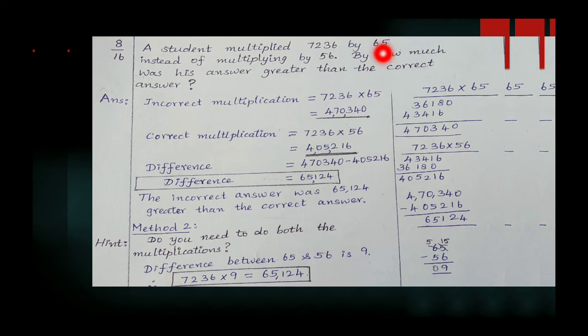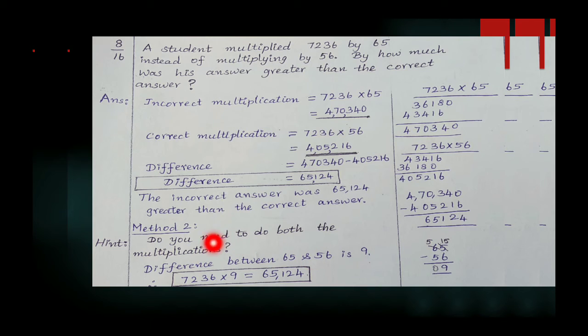See, the student has multiplied with the largest number instead of multiplying by smallest number. So definitely we will get a difference between incorrect answer and the correct answer. Instead of doing two multiplications, we can find the difference between incorrect number and the correct number first. So difference between 65 and 56 is 9.